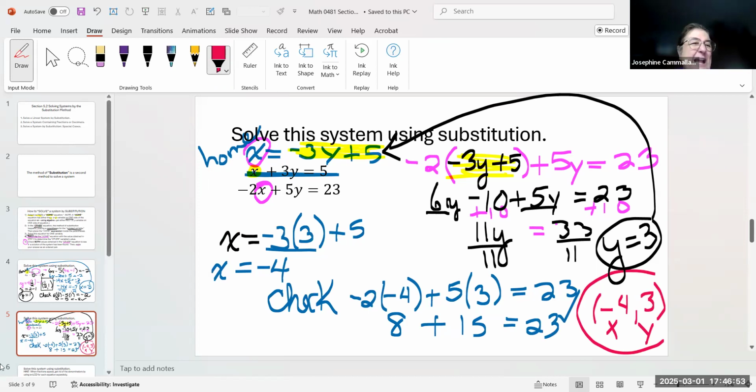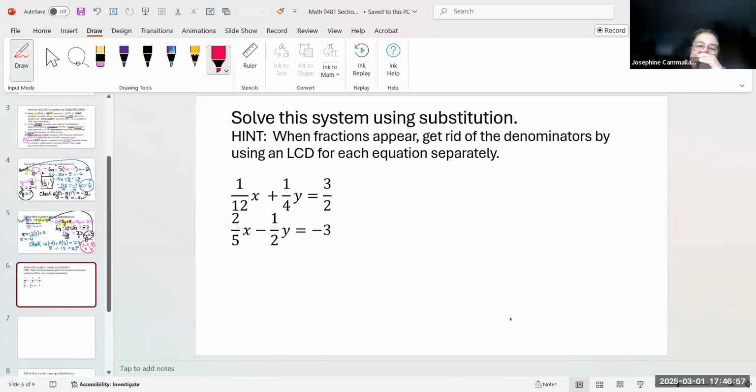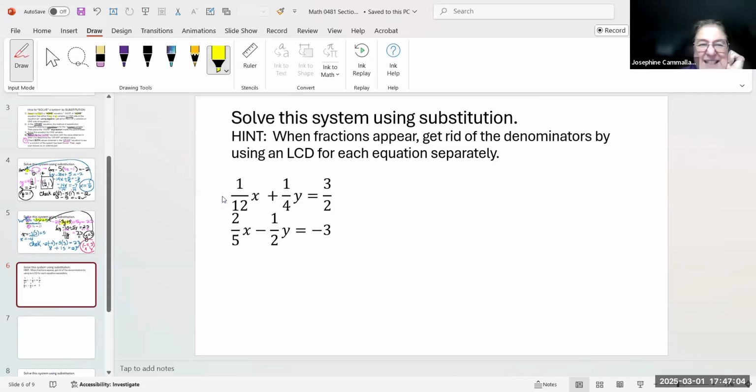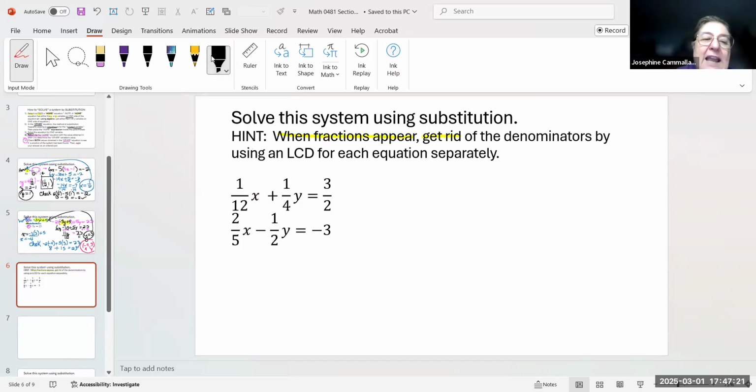Well, we got one more to do right here. And as you can gather, this has got some lovely stuff. It's got fractions. Now, when fractions appear, we're going to get rid of them, because we can't choose a home row till we get rid of them. Well, the first equation, I have a 12, a 4, a 2.